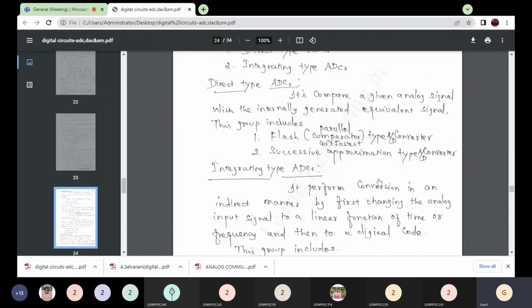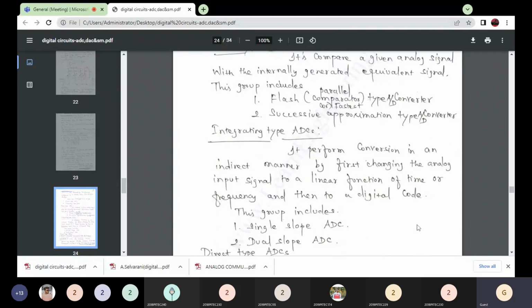Then the next one is the integrating type analog to digital converter. The integrating type performs the conversion in an indirect manner, whereas the direct type is direct.